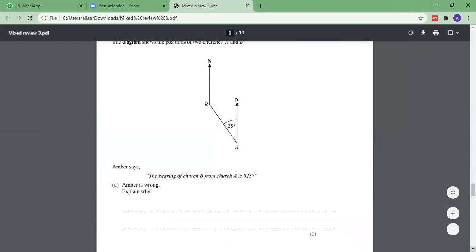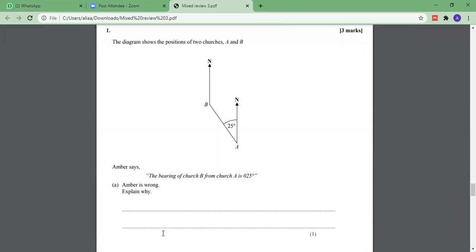It's bearing. Amber says the bearing of church B from A is 25. Amber is wrong. Explain why. Because from A, it means that it's clockwise.